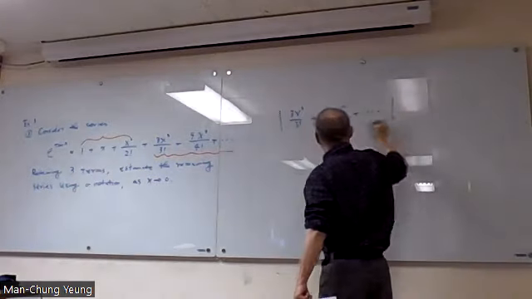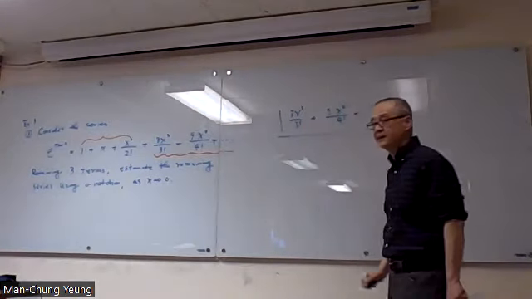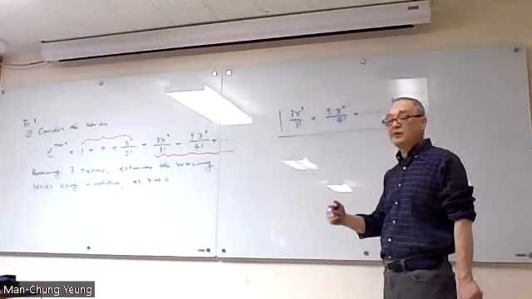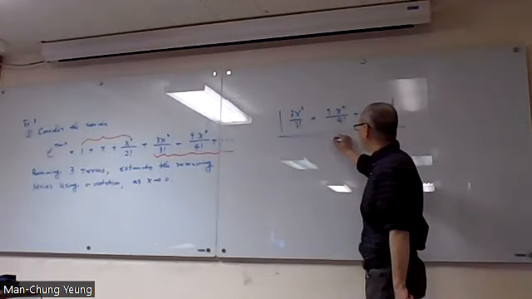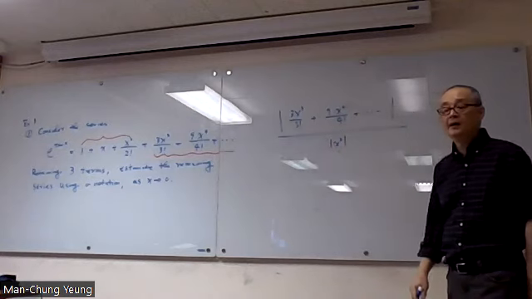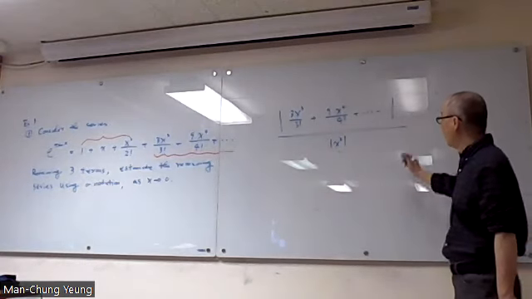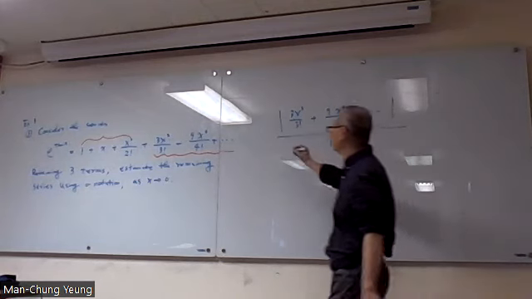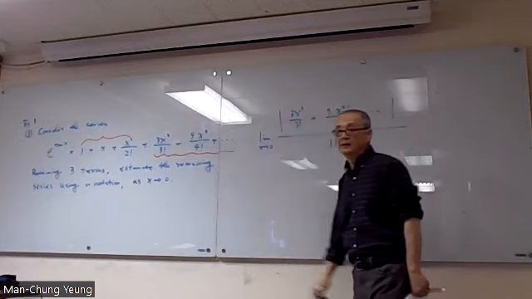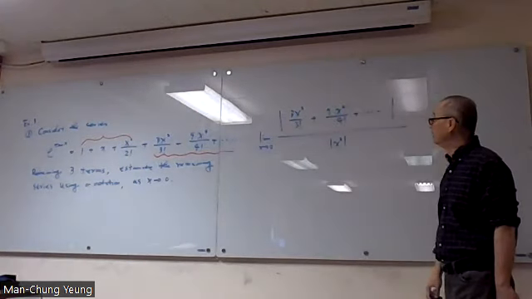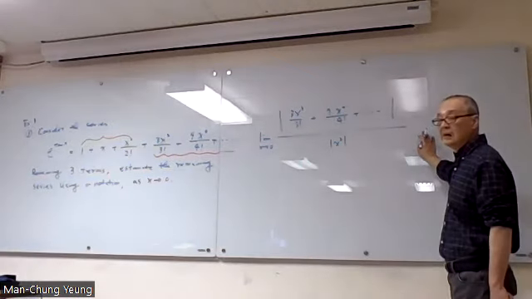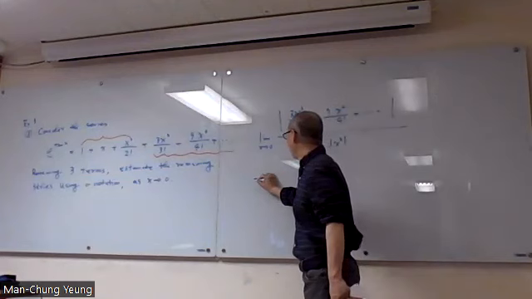I compare the remaining series with some function. With which function? I think x squared, because I want this to approach 0, right? As I compare, I let x approach 0.